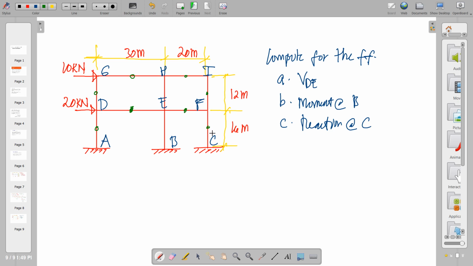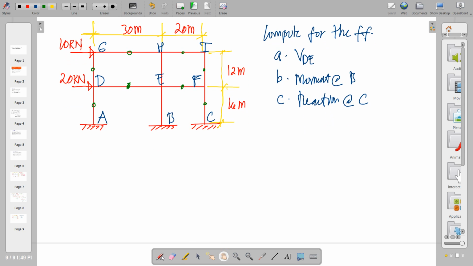So for the shear at DE, so this is DE, so we will be needing this portal. Okay, this is point D. Okay, so there will be an attached portals to that.